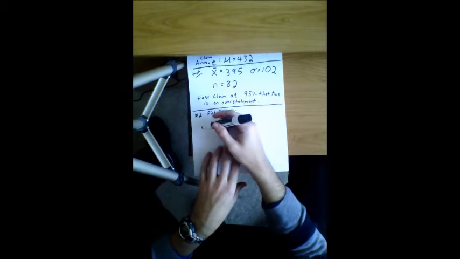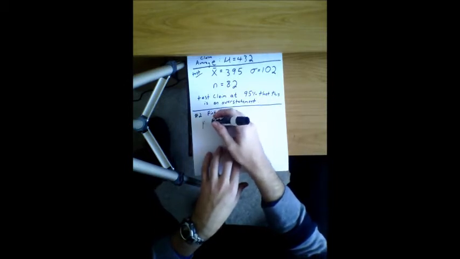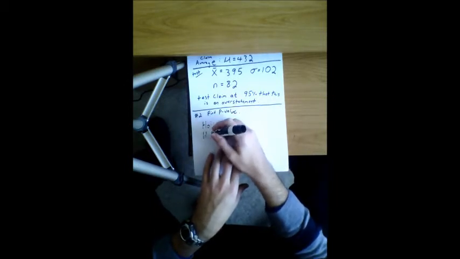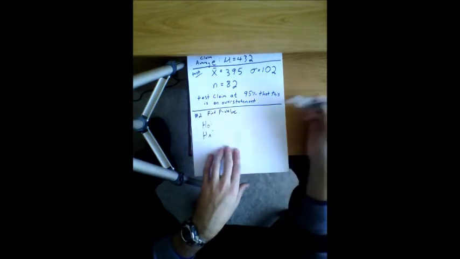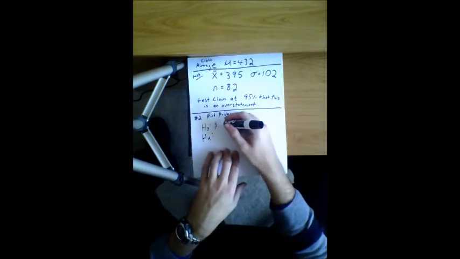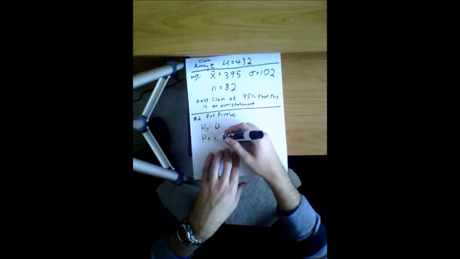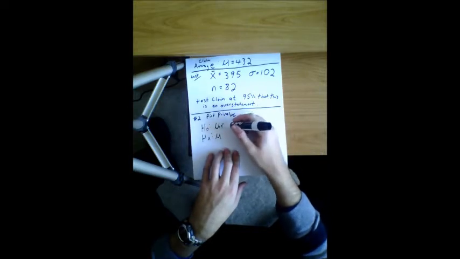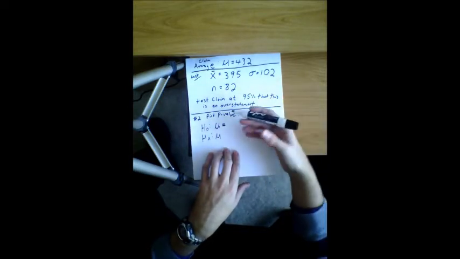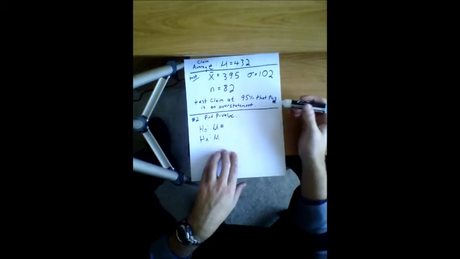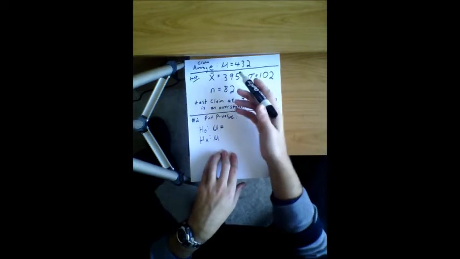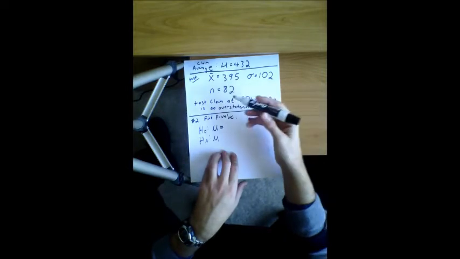p-value. First things first, let's go ahead and set up our hypothesis. We've got our H0, we've got our HA. We're talking about the mean, so this time we look at the population parameter for the mean. It's going to be equals, and then we'll have to see. So it could be equal to this 432 that they're claiming.